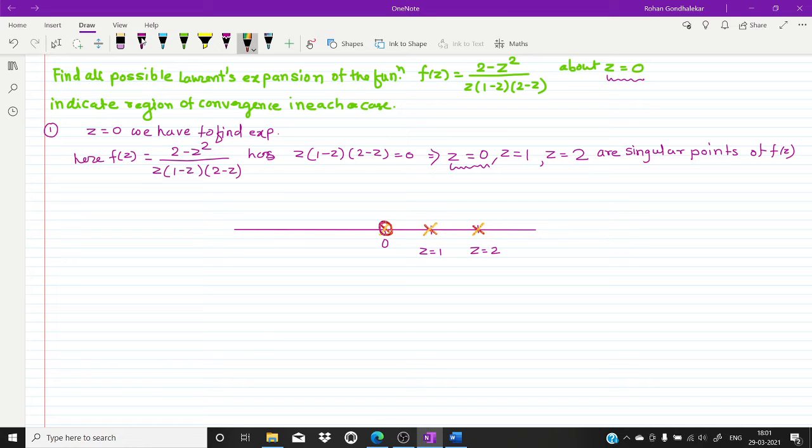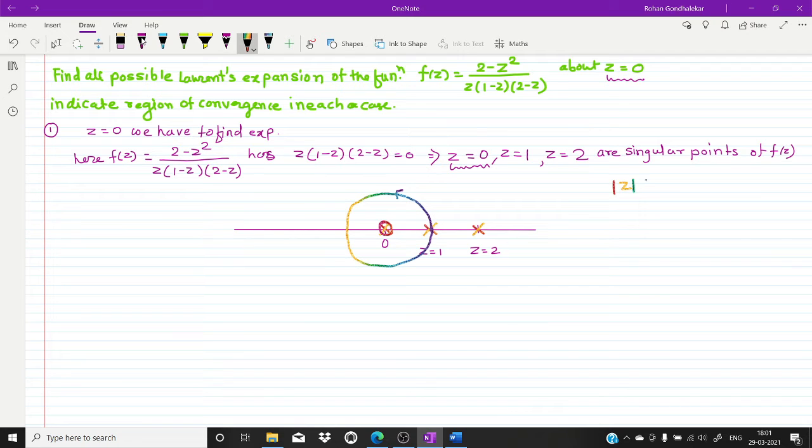Just treat this as a center. From the center, the closest singular point is z equals to 1. So we draw one circle centered at 0 with a radius of 1 unit like this. So this is one of the circles.